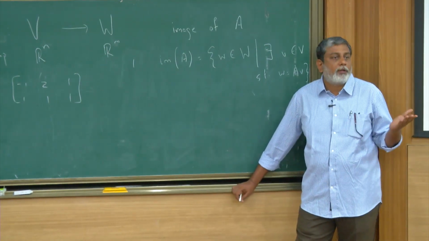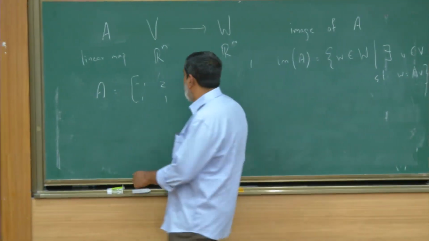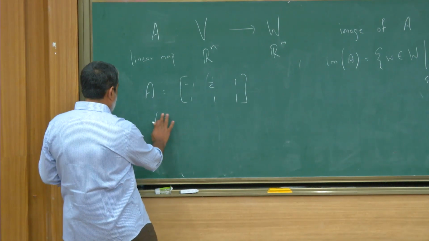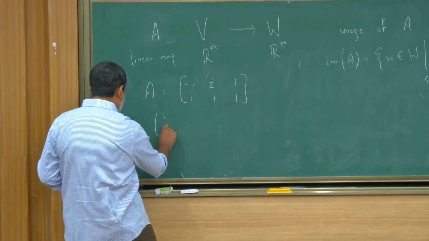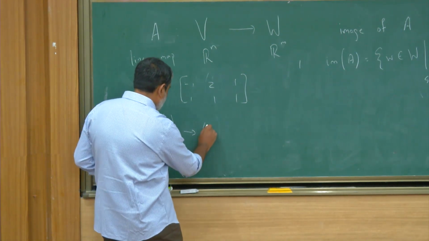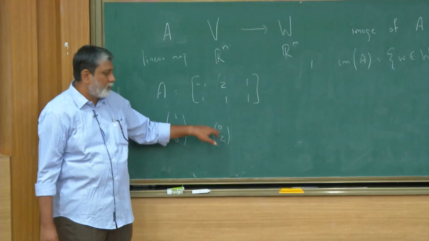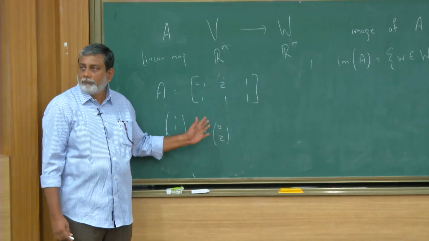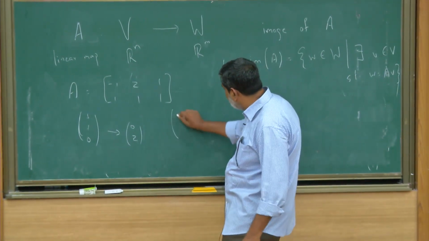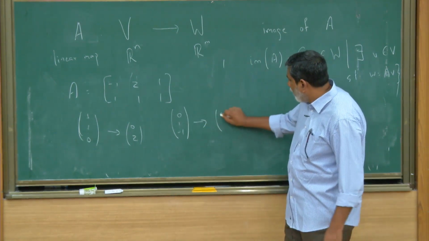All vectors in R2. Essentially because if I take this vector (1, 1, 0), this maps to (0, 2). So half of this will map to (0, 1). And if I take this, it maps to (1, 0).